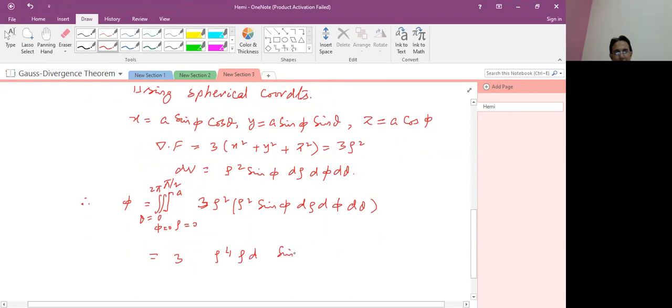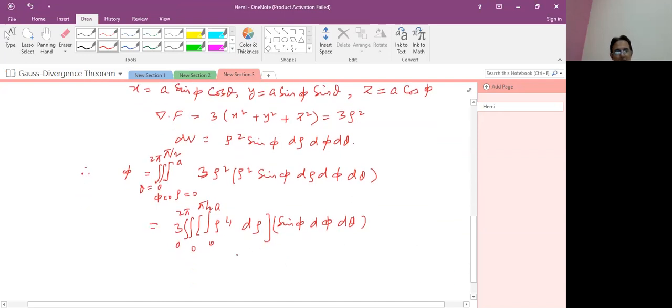Now the remaining constant is right here. First we integrate with respect to rho. The limit of rho is 0 to a, phi is 0 to pi by 2, and theta is 0 to 2 pi.